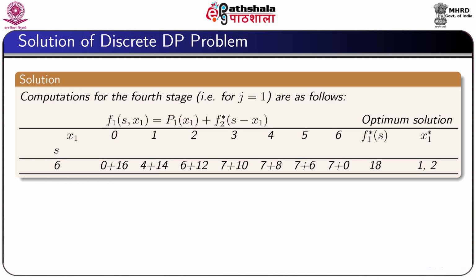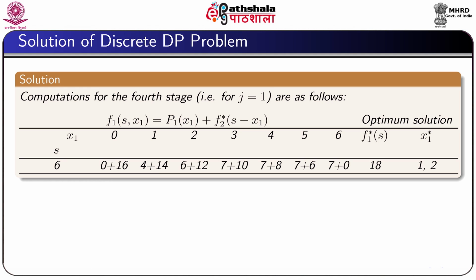So, s will take the value 6 only, and then from the recursion we can find the values of f_1 star for different values of x_1 as shown in this table.